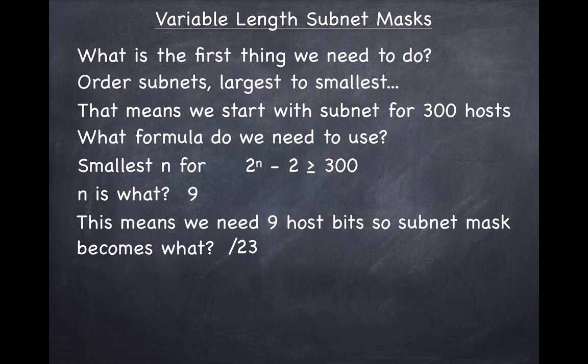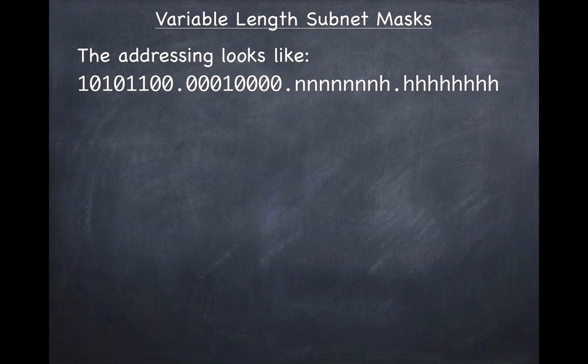So the first 23 bits would be the network portion of the address, and the last 9 would be host addresses for this subnet that needs 300 hosts. So we have something that looks like this.